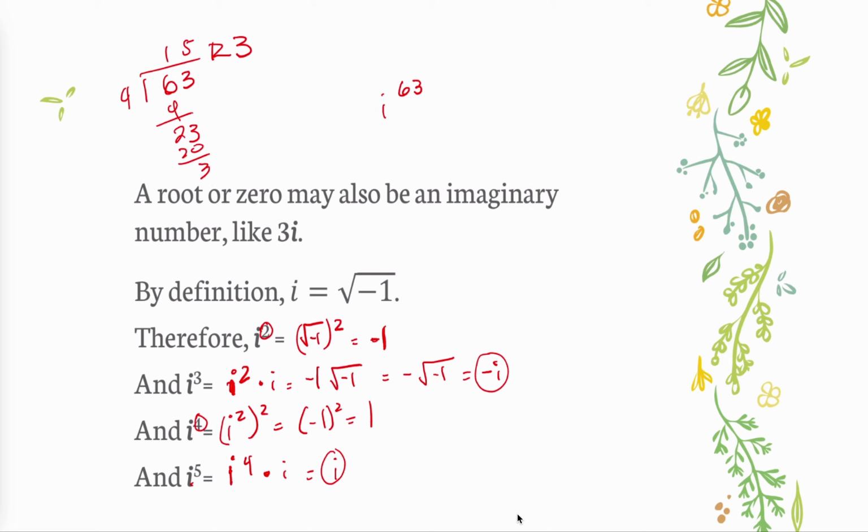So i to the 60 is 1, right? Every 4th power of i is 1. So all that goes away. It's just going to be i to the 3rd, which is negative i.